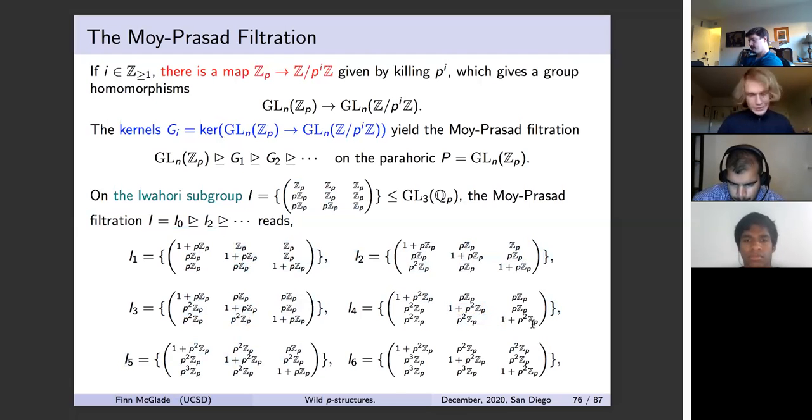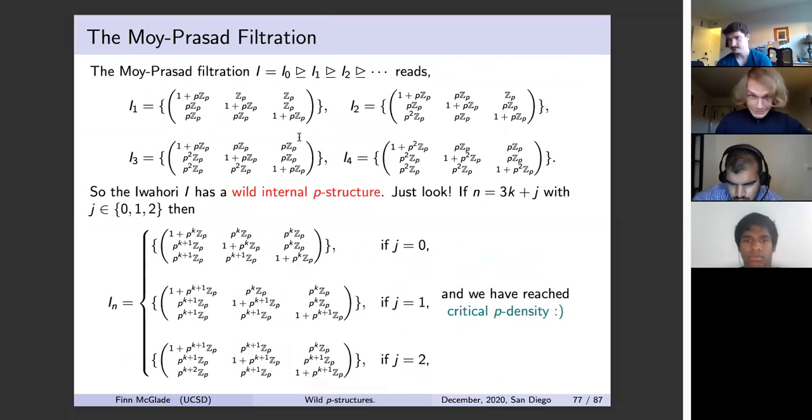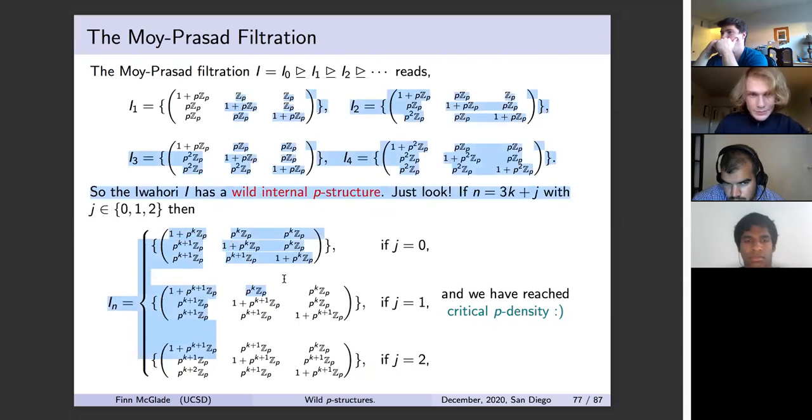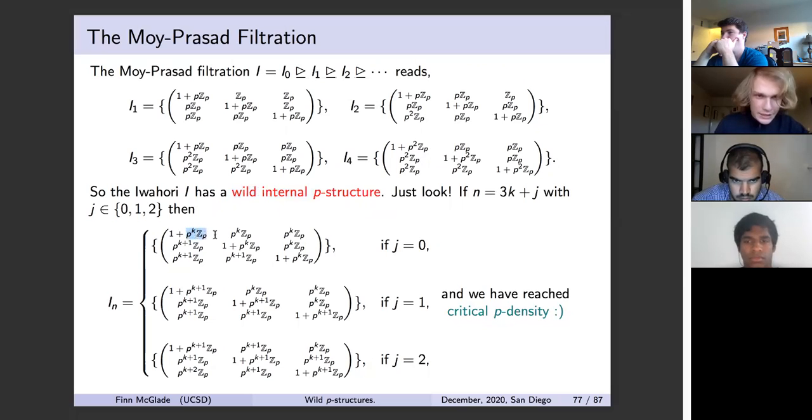So we get this kind of mess of p's. What I'm trying to convey is that this Iwahori has a wild internal p structure. This doesn't have any precise meaning, but you can look at the formula here and see that in each of these matrices, each entry has 2 p's in it.